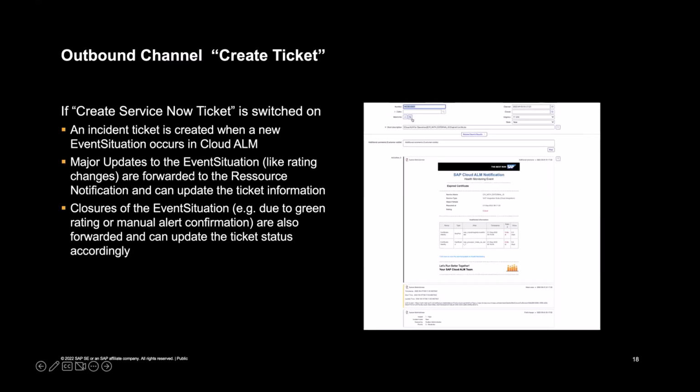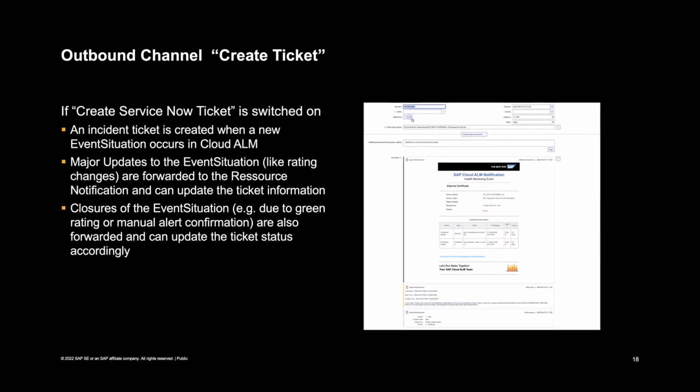Major updates to the event situation, like rating changes, similar to the email notification, are forwarded to the ticket system and can then accordingly update the ticket information. And also in case of closures of the event situation, we are able to confirm or to update the ticket that the event in Cloud ALM has been solved, and that the ticket processor can do the needful to close the ticket.